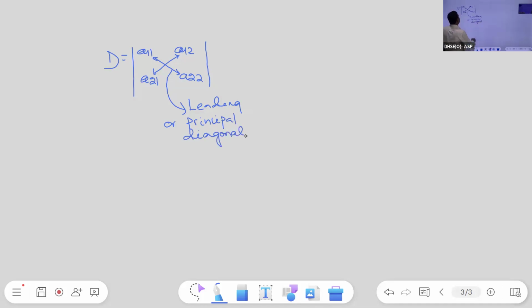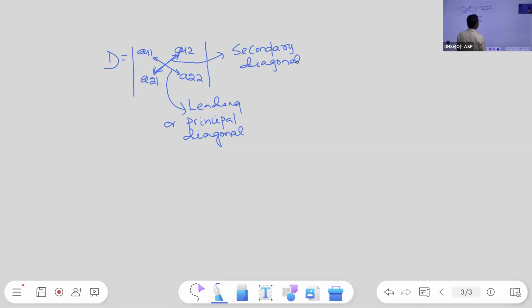And this diagonal which joins the right upper corner to the left lower corner is called the secondary diagonal.